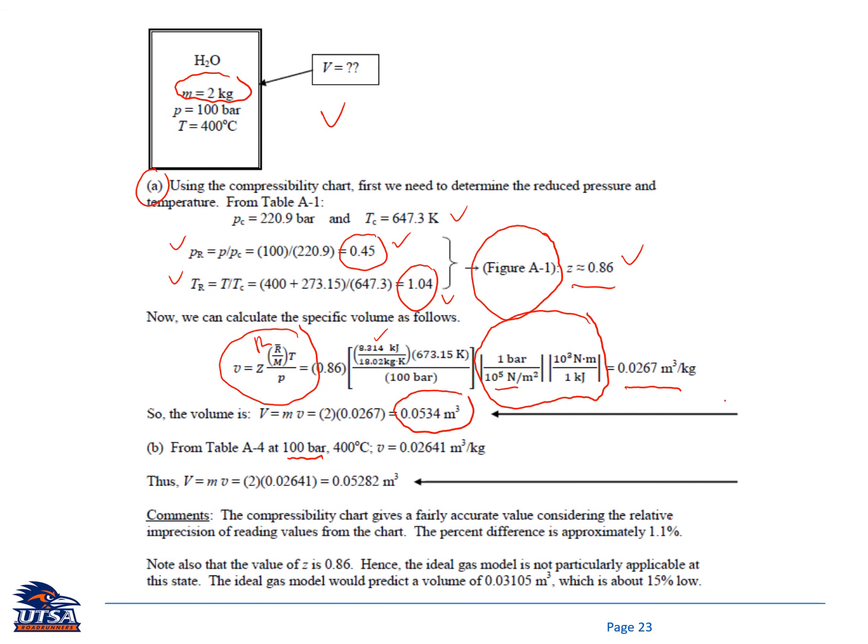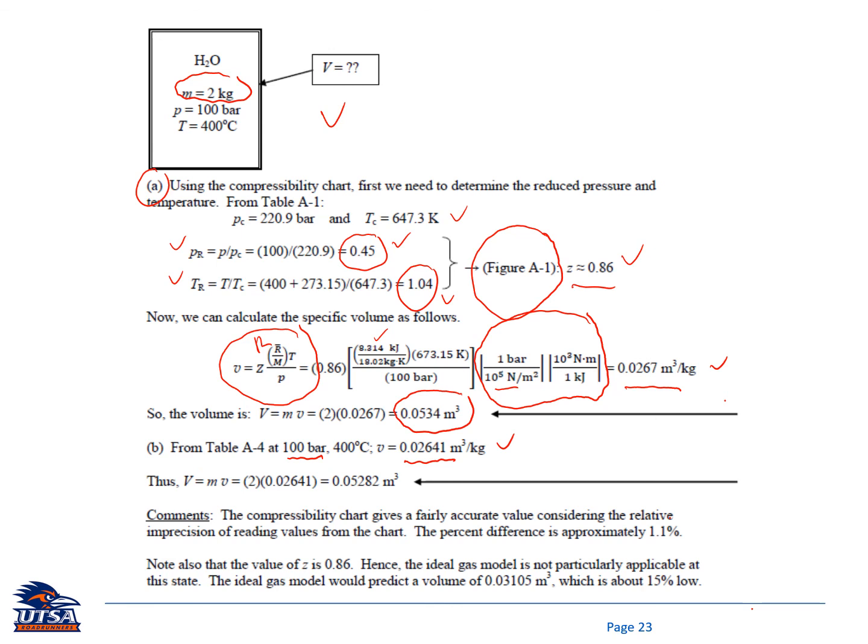If the pressure is higher than 100 bar, it means it is subcooled or compressed liquid. So here, it is superheated condition. Go to table A4, 100 bar, 400 degrees C, and you will get the specific volume, 0.02641.